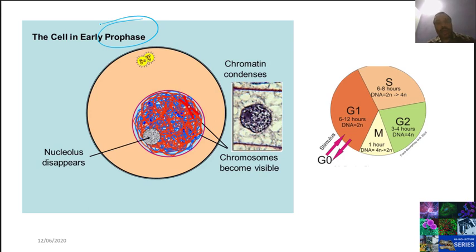How many DNA can you see as part of a single chromosome when the cell just enters the M phase?